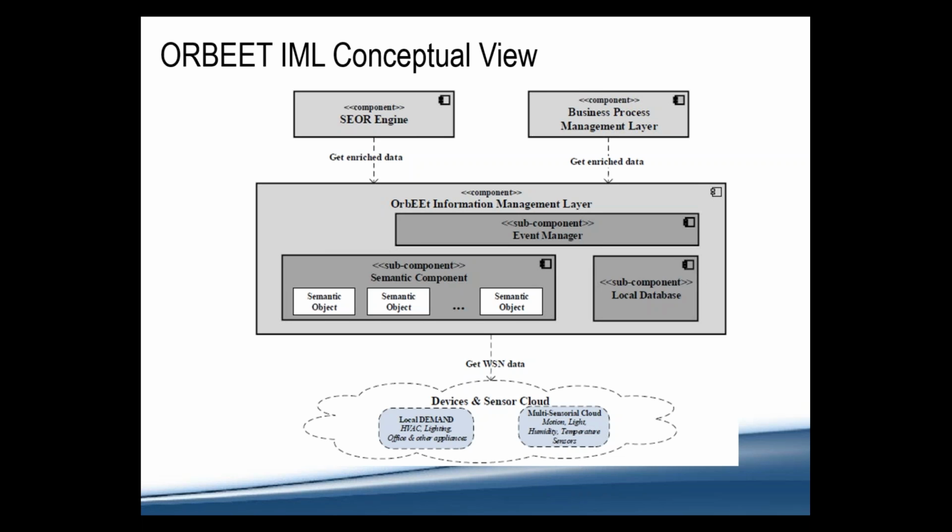And also we have this event manager component that, considering the subscribing method adopted in the project, enables us to report ad hoc messages to the rest of the applications. So we are not based on the request response message. We are not waiting for a request from a different application. Rather, we publish any new information retrieved from the wireless sensor network to the different business components of the OrbEEt framework.